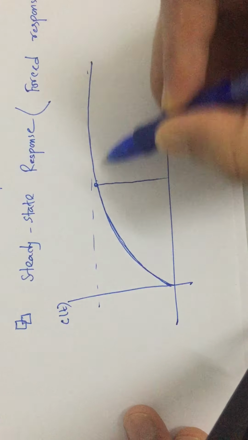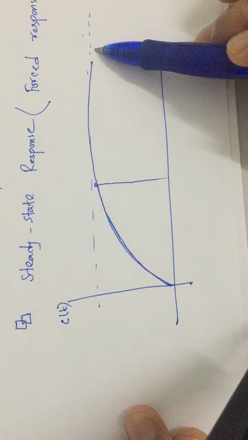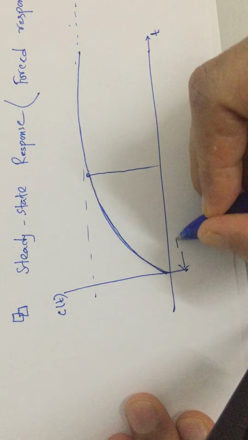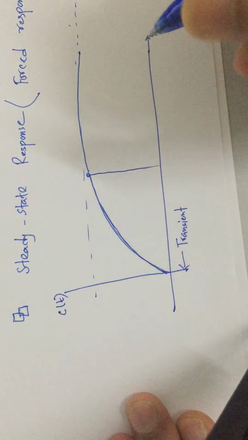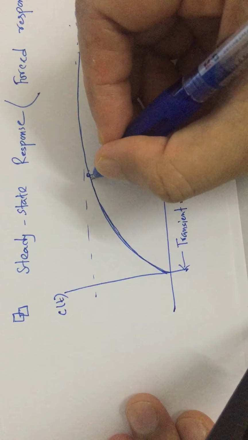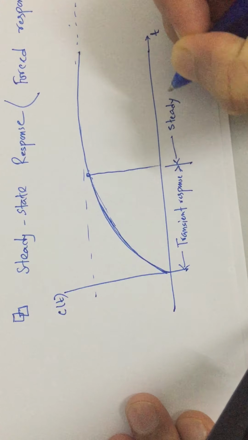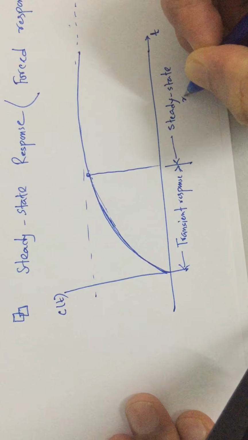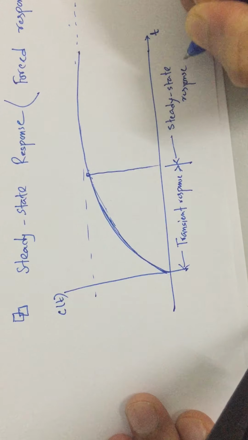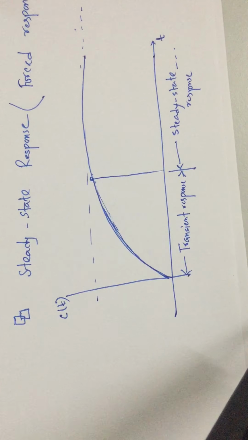But from here until infinity, with the increase of time it is almost constant. Until here we call it transient response, and from here we call it steady state response. I hope you understand, guys. If you have any more questions, tomorrow we can discuss during our live class.